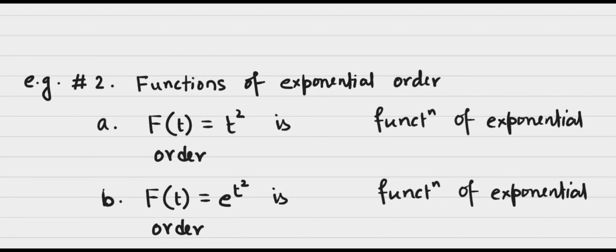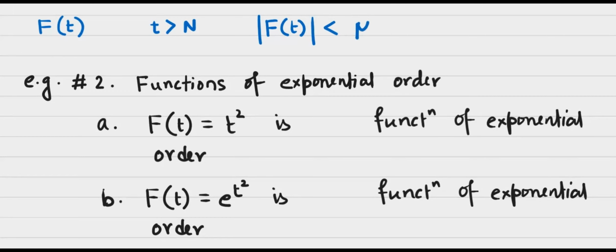A function, let's say f of t, is of exponential order if there exists a number N, and when t gets bigger than N, then the absolute value of f is bounded by this particular form of function, which is M, a constant, times e to the power gamma t.